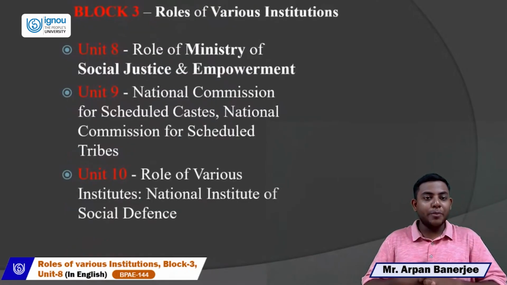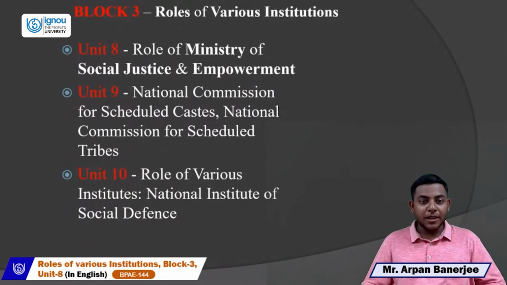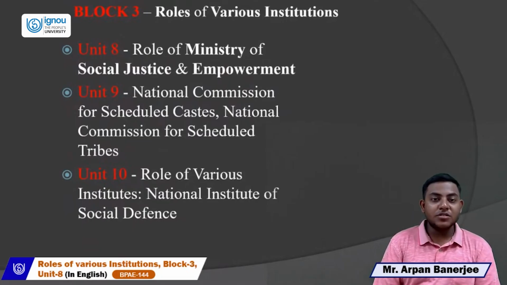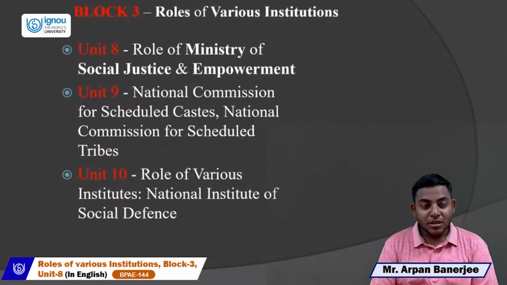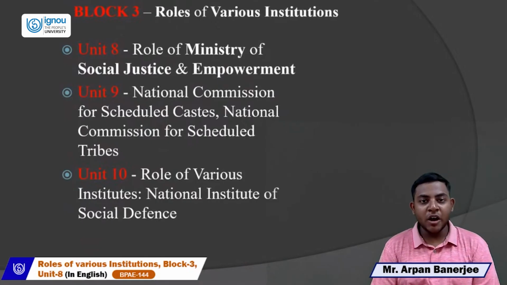So today we are going to begin with the third block of this paper, which consists of 3 units. And in today's class, we shall be discussing 2 units, Unit 8 and Unit 9. The third block is pertaining to the roles of various institutions.